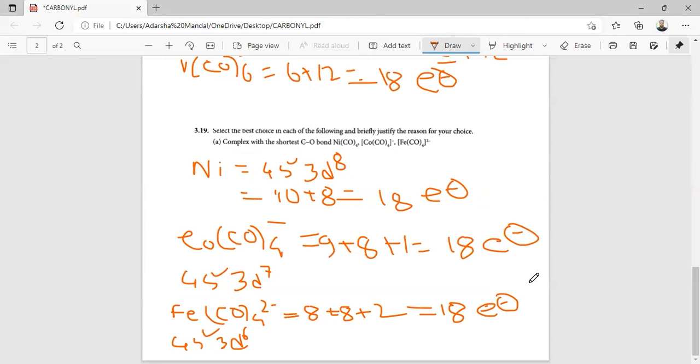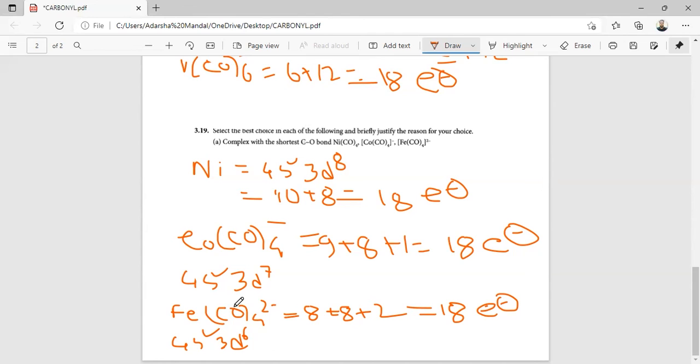But the CO bond length will depend on the electron density on the metal center. The metal with more electron density will favor more back bonding into the pi star orbital of the carbonyl, and that will decrease the bond order and increase the CO bond length.